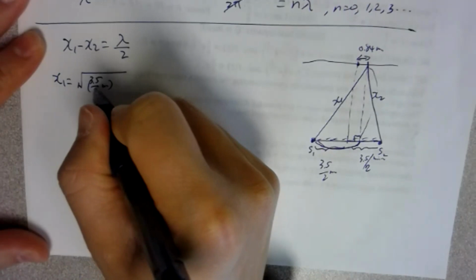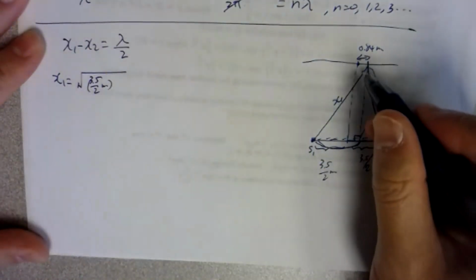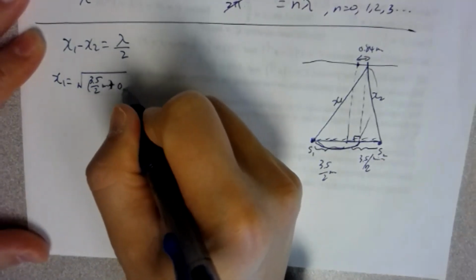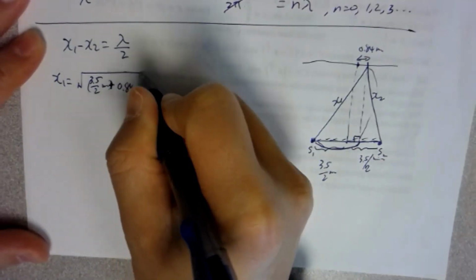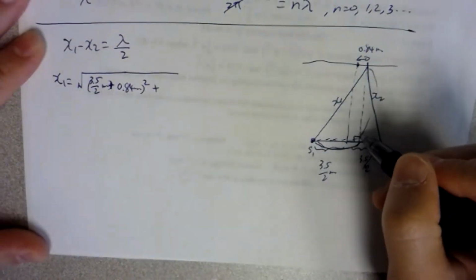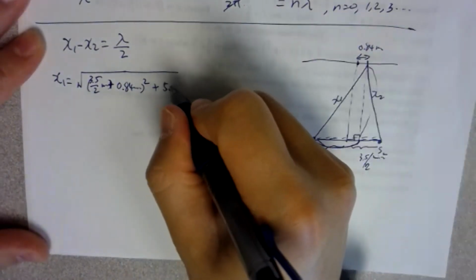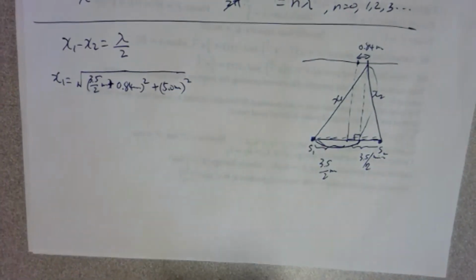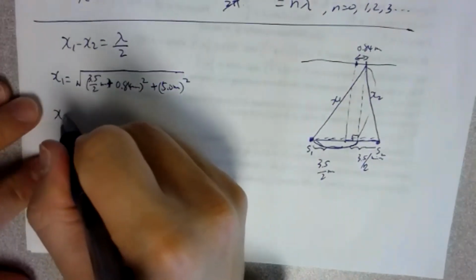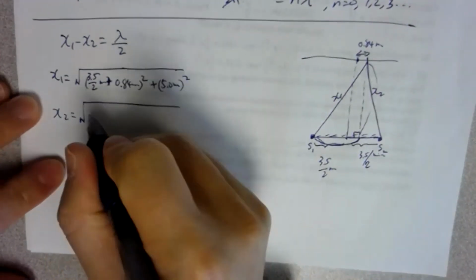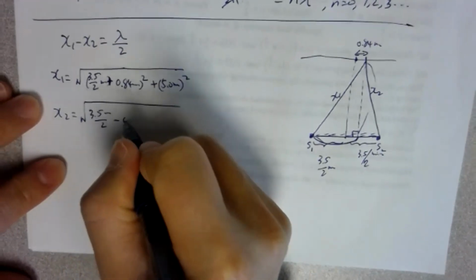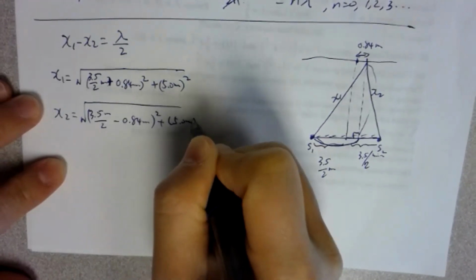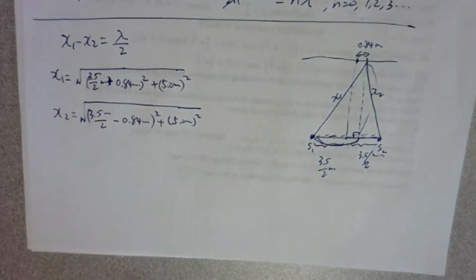So x1 is equal to the square root of (3.5 over 2 meters plus 0.84, because that's the midway only) squared, plus this 5 meters to the wall squared. And the other one, x2, will be the square root of (3.5 meters over 2 minus 0.84 meters) squared plus (5.0 meters) squared.